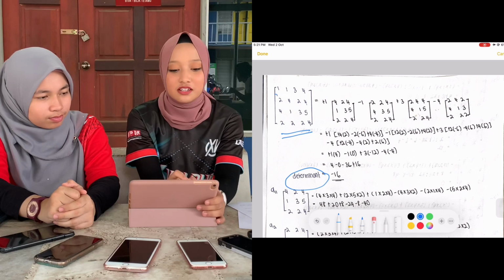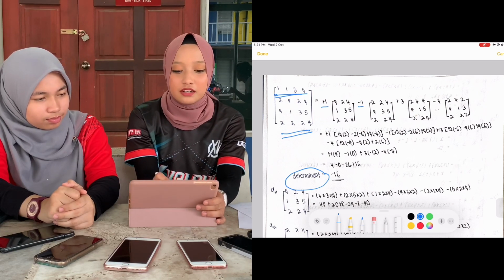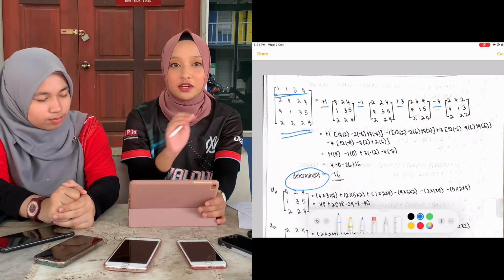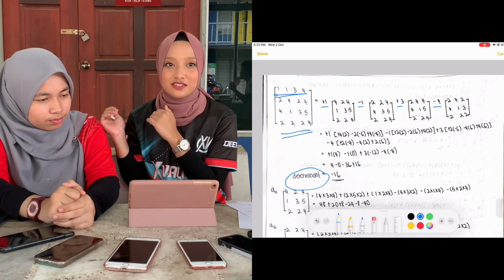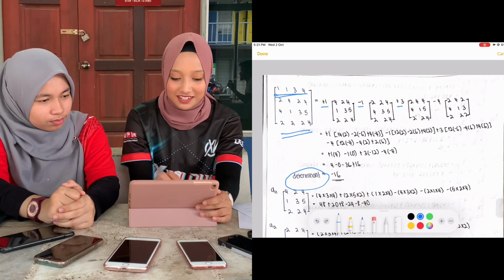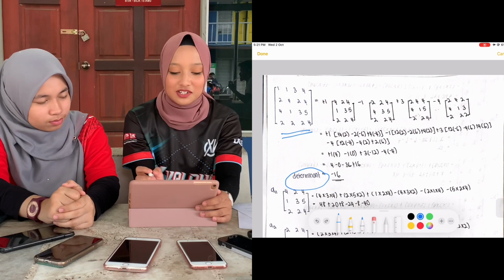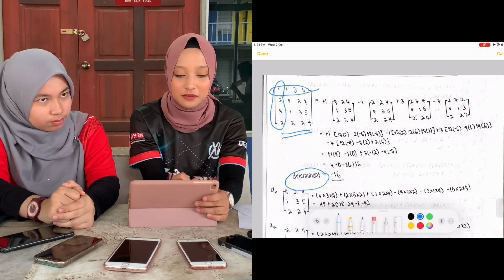So I've taken the first row, this one, and I've put it here: 1, negative 1, positive 3 and negative 4. After you have done that, you have to create 4 new matrices, which are 3 by 3 matrices. How do you do it? You close the first row and the first column, and you get the first matrix.